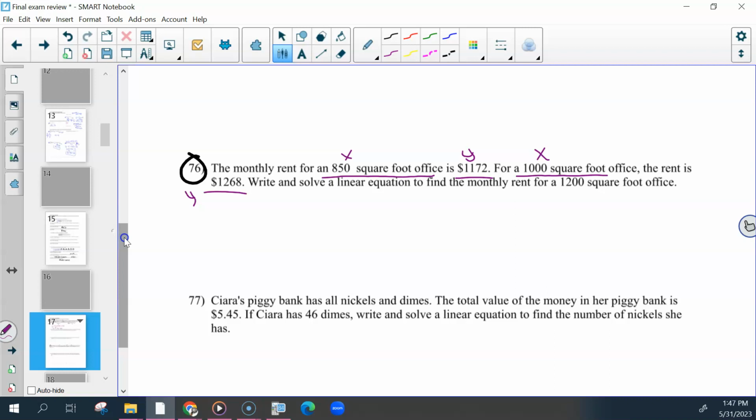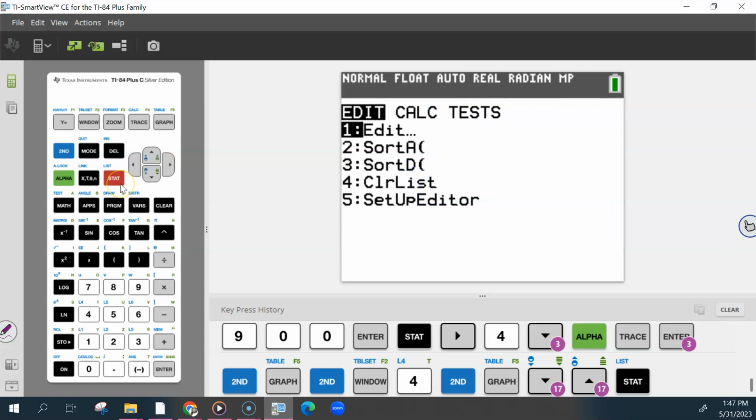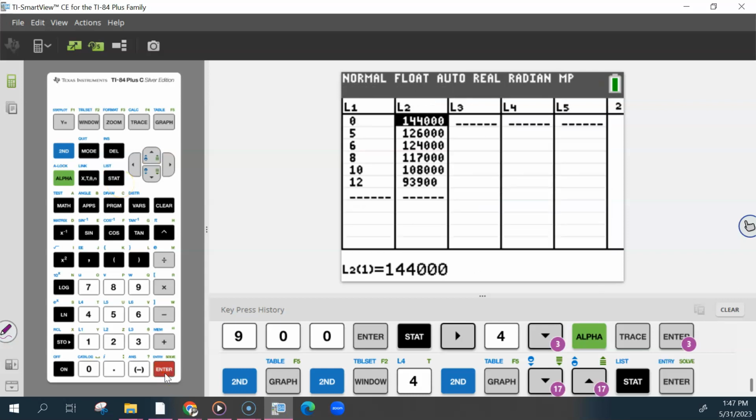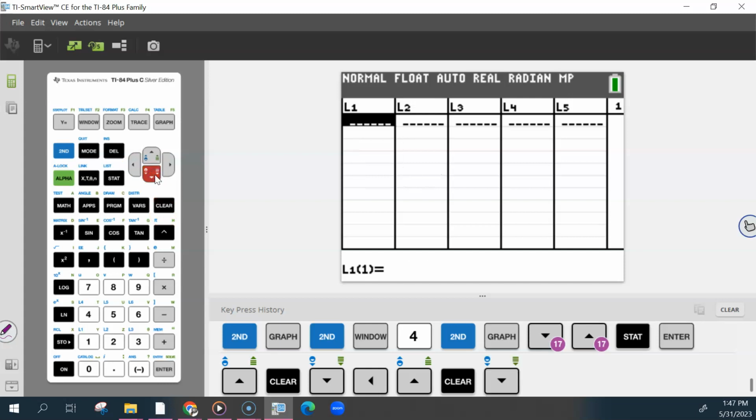I'm going to let you guys choose. Do we want to do this algebraically or in the calculator? Calculator, please. Okay, calculator first. We have 2 sets of x's and 2 sets of y's, so you're going to go back to stat, go to edit, clear everything out, and put in your 2 x's and 2 y's.